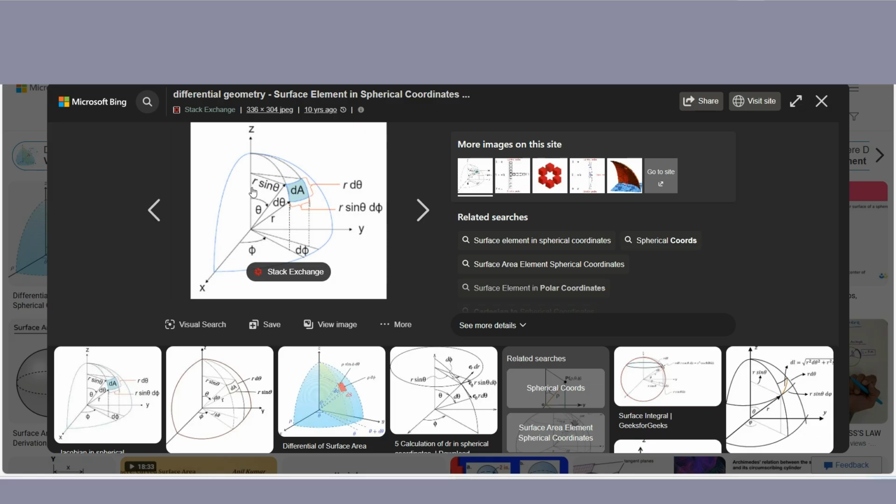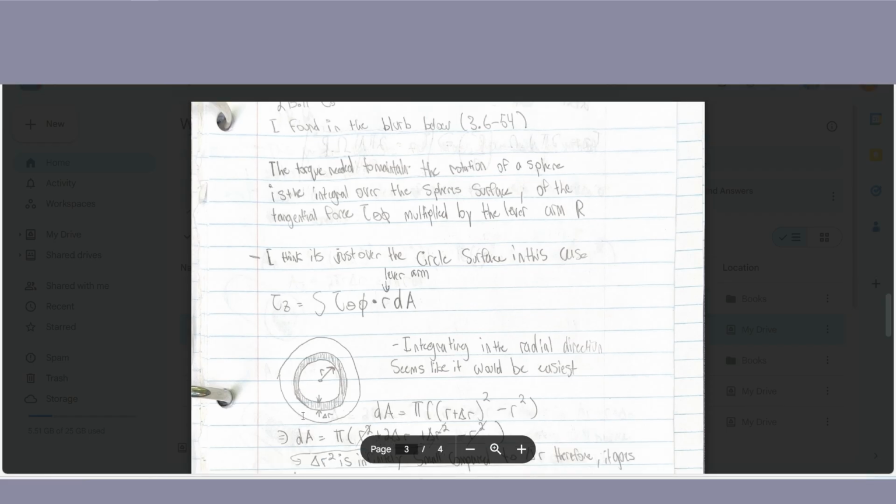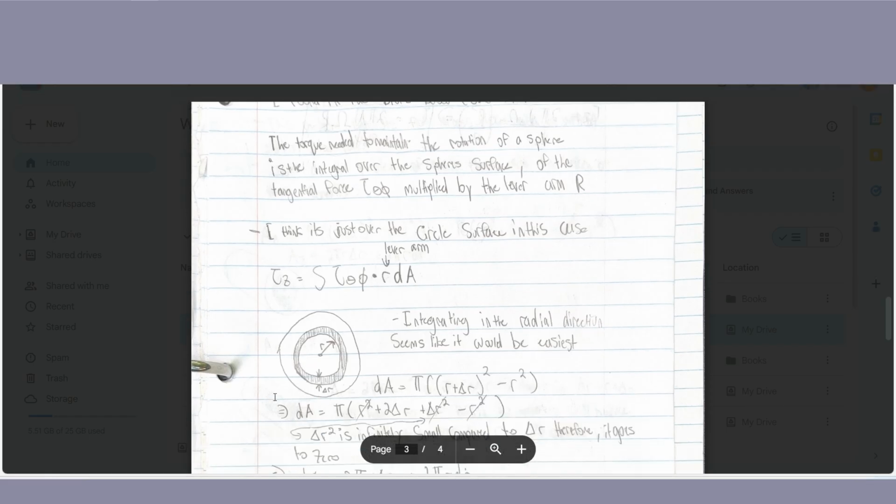So the moment arm is just r, and also because it's over just a circle, it's not going to be a sphere. Our moment arm is little r. It's not r sine theta because we're using just a flat surface and not a sphere. So that's what I did here.